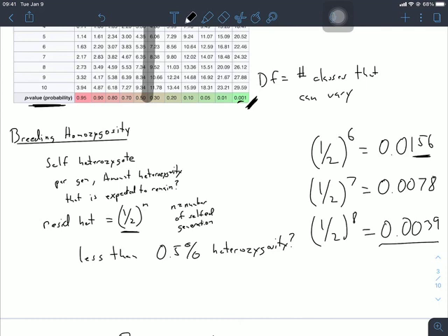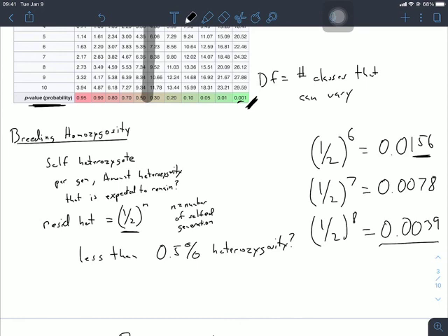You can very intelligently tell them that you know that that number is 8 because it removes all heterozygosity with the exception of less than 0.5%. And less than 0.5% is a pretty tolerable amount.